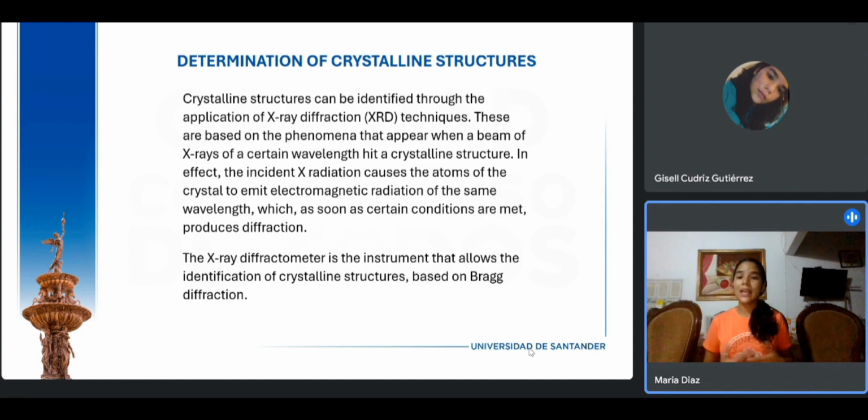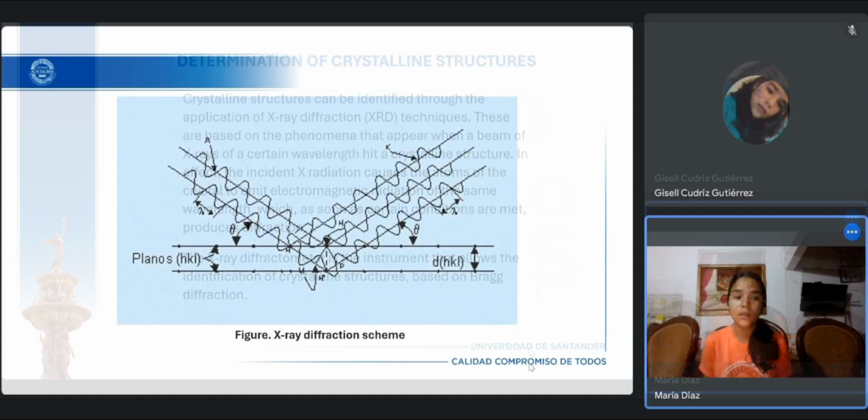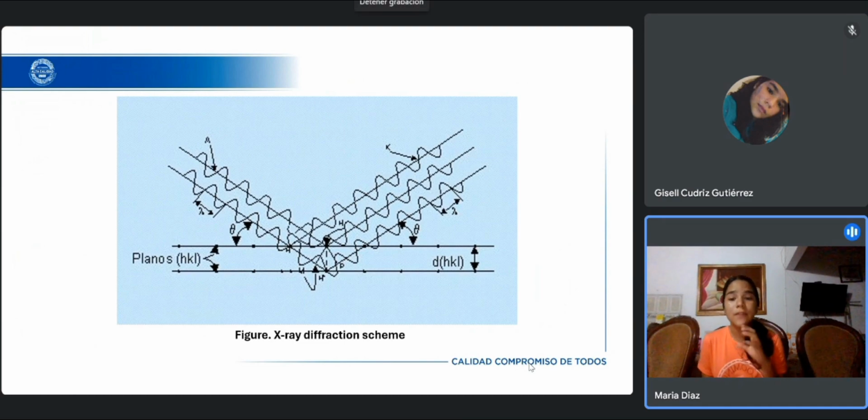In effect, the incident X radiation causes the atoms of the crystal to emit electromagnetic radiation of the same wavelength, which, as soon as certain conditions are met, produces diffraction. The X-ray diffractometer is the instrument that allows the identification of crystalline structures based on Bragg diffraction. Okay, this figure is an X-ray diffraction exam.